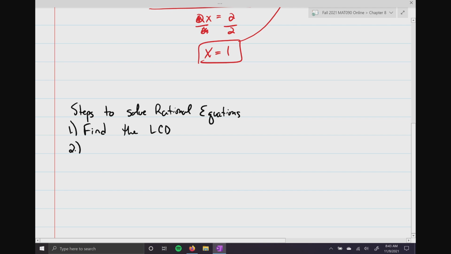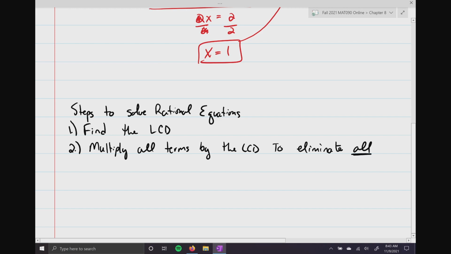Second, you're going to multiply all terms by the LCD to, and this is the key, eliminate all denominators. So that's where you focus.